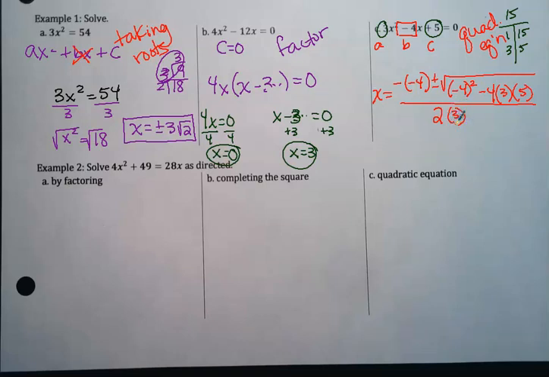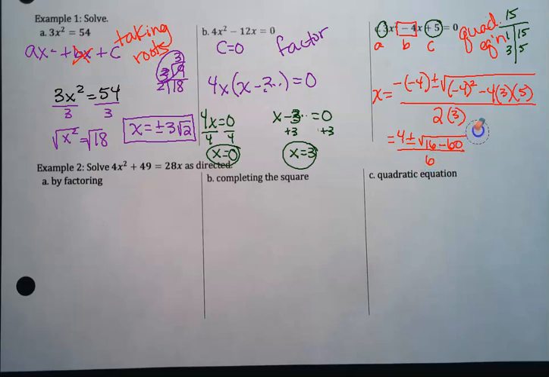So this equals a negative 4 is a positive 4, plus or minus the square root. Negative 4 squared is 16, minus 4 times 3 is 12, 12 times 5 is 60, all over 2 times 3 is 6.